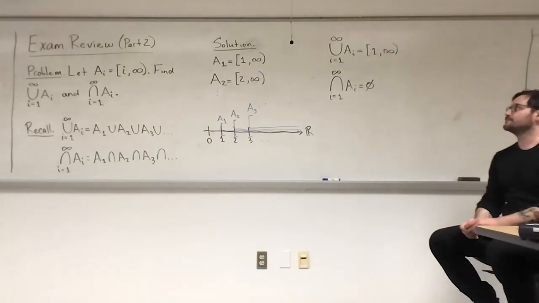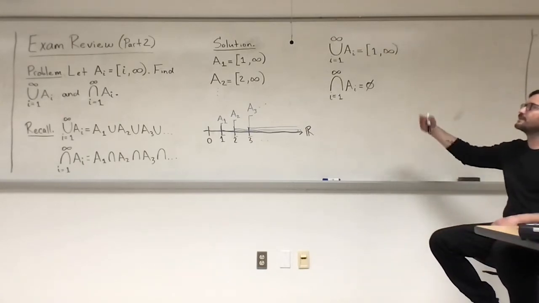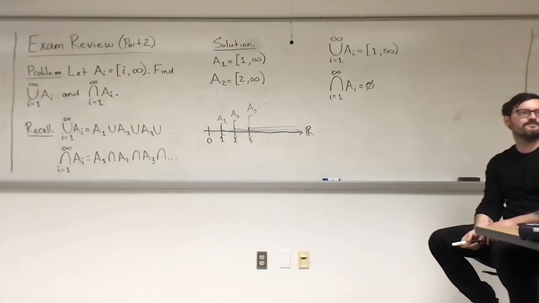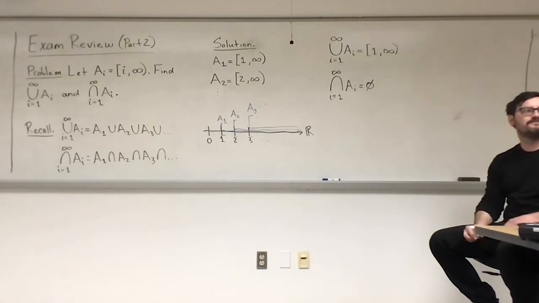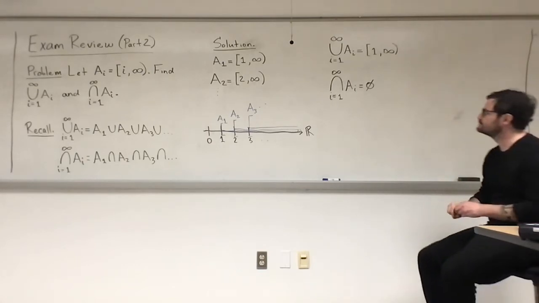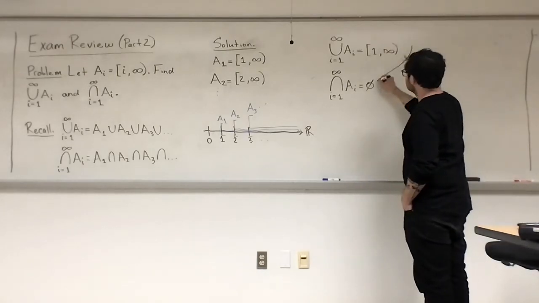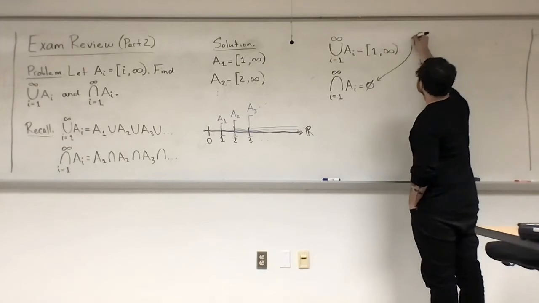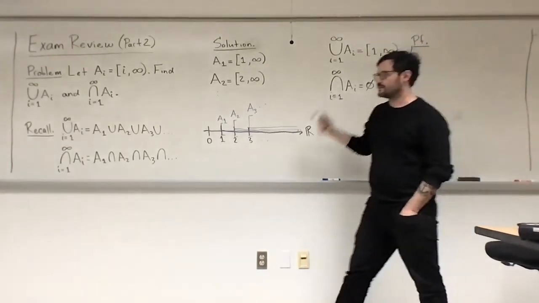Why do you think that's true? Maybe there'll be a bonus question, like explain why it's the empty set. You have proof techniques. You wouldn't have to prove it, but maybe I'll give you the opportunity to prove something like that if you encounter such a question.